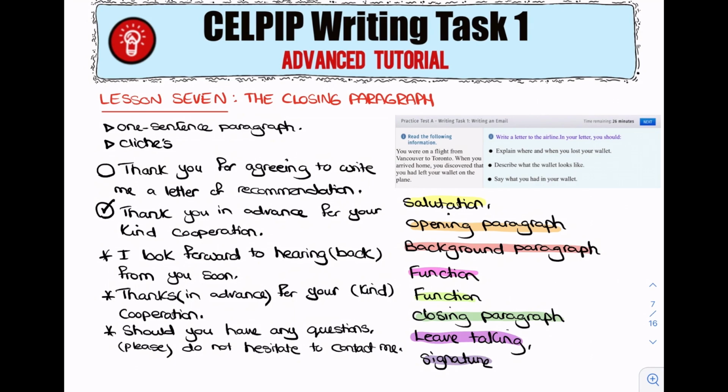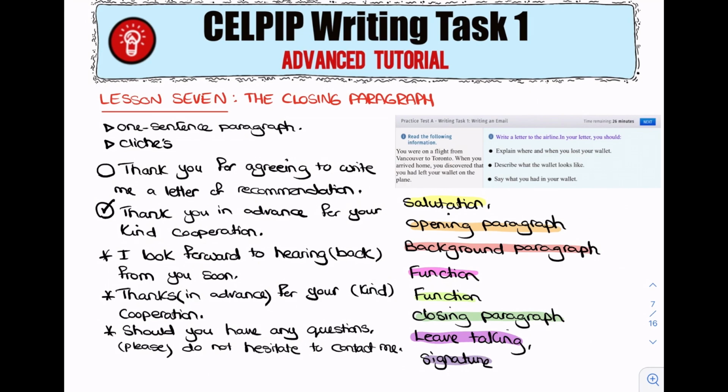So you have a nice grammatical structure here, "should you have any questions," which is an if clause basically. If you have any questions, we are turning it into "should you have any questions." So you're showing the examiner your familiarity with the expression, and you're using a less common expression in your writing, which could earn you some points in terms of grammar as well.